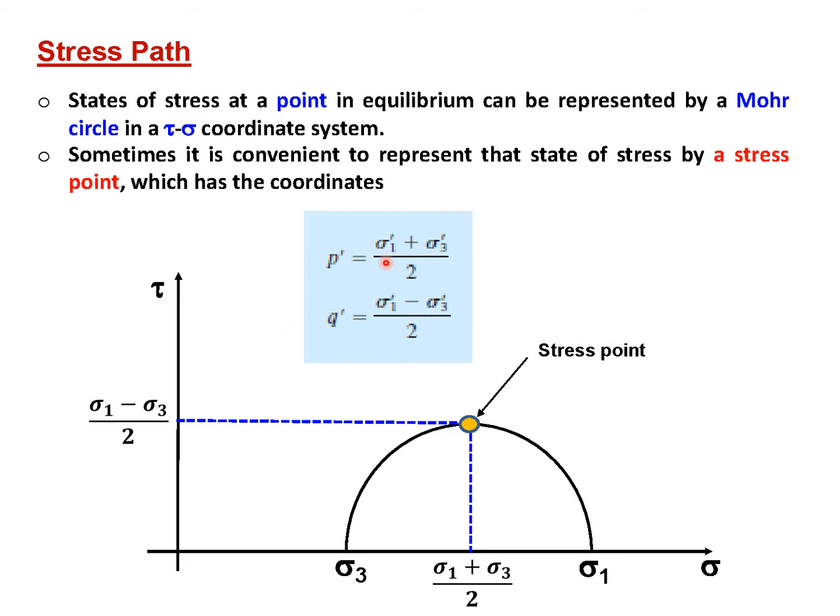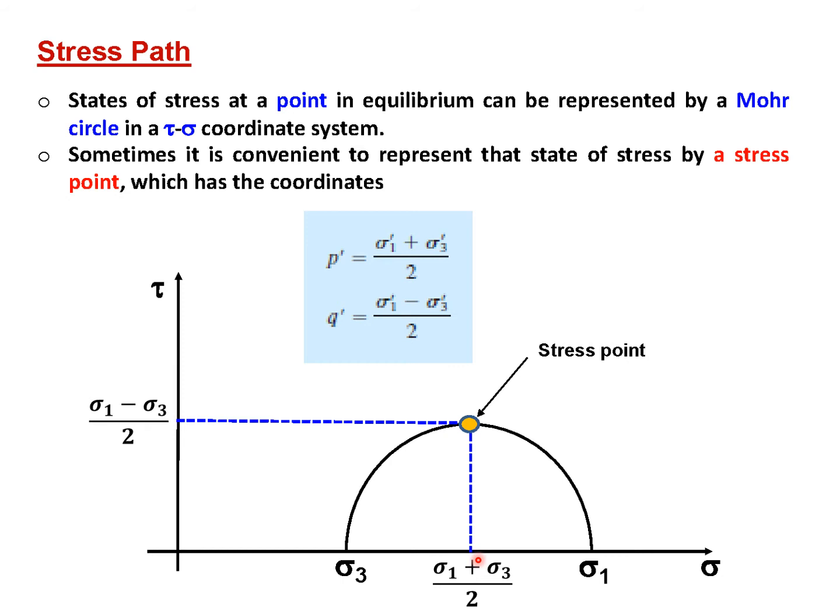So P dash is equal to sigma 1 dash plus sigma 3 dash over 2, and Q dash is equal to sigma 1 dash minus sigma 3 dash over 2. Now if you just look at that one, if we are considering the total stress, you can see that this point has the coordinate sigma 1 minus sigma 3 over 2, this one, and this coordinate is sigma 1 plus sigma 3 over 2.